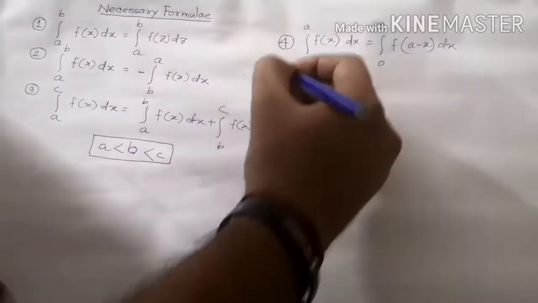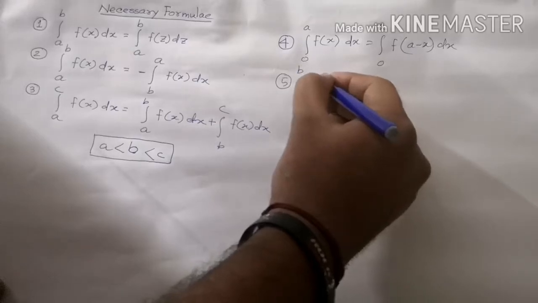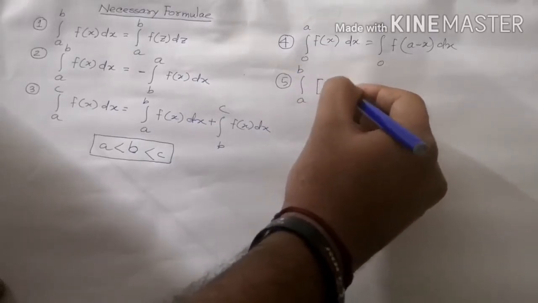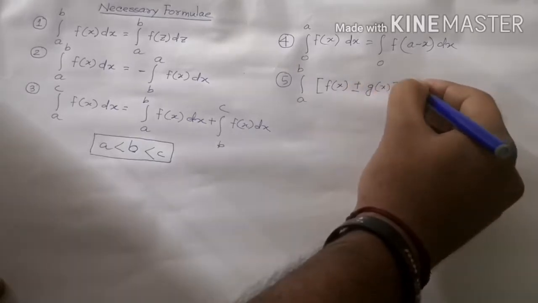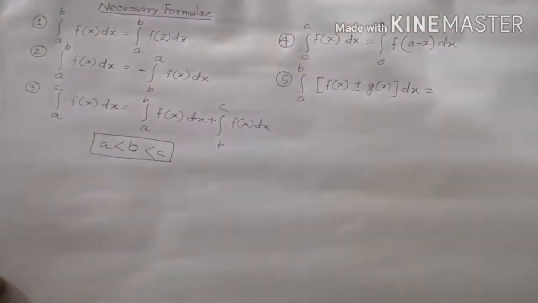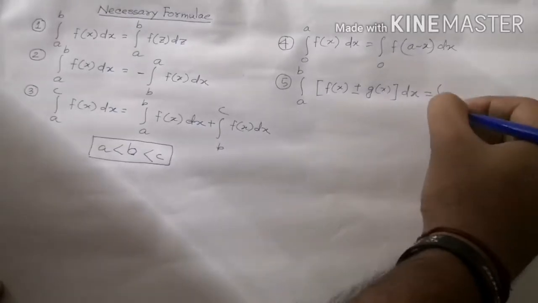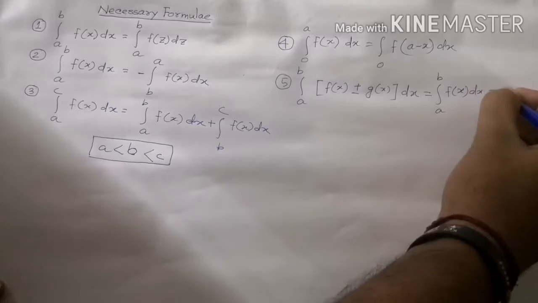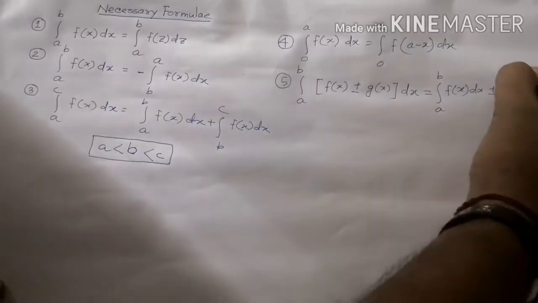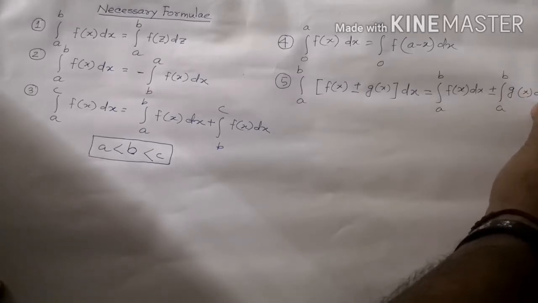The fifth formula is integration a to b f(x) plus or minus g(x) dx equal to integration a to b f(x) dx plus or minus integration a to b g(x) dx.